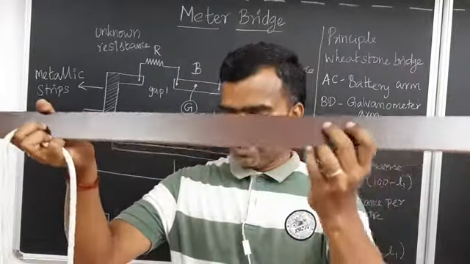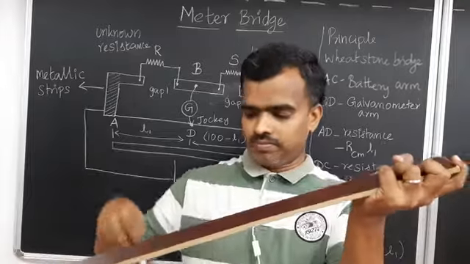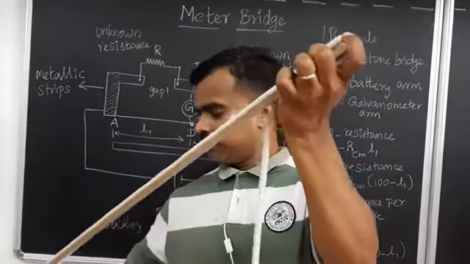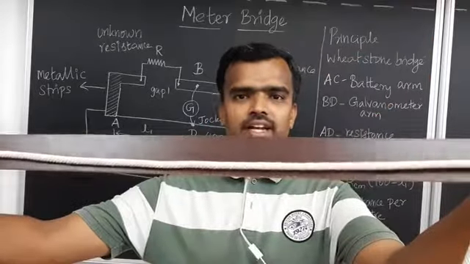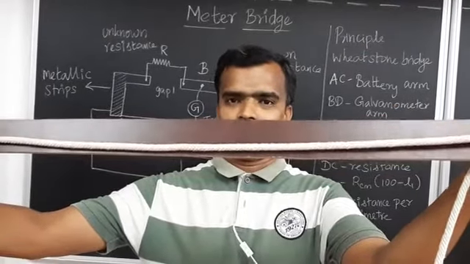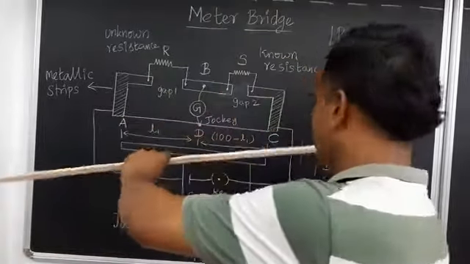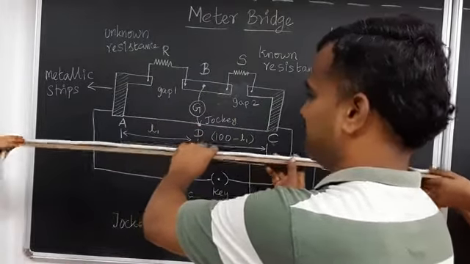So in that meter scale the wire will be like that. Now this meter bridge is going to be here.